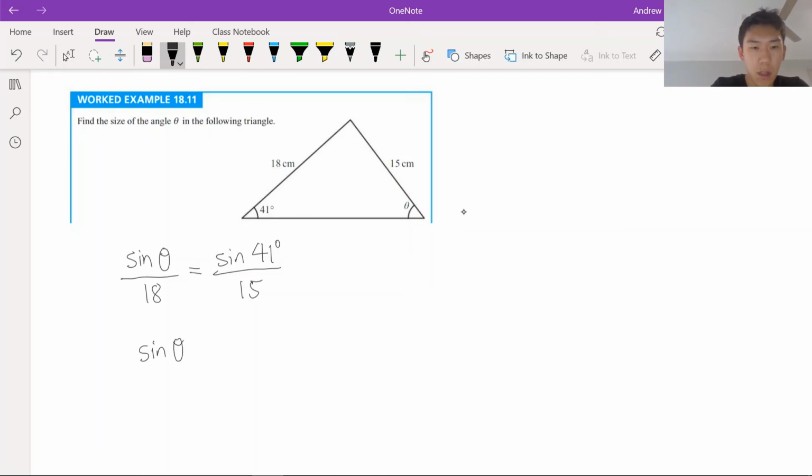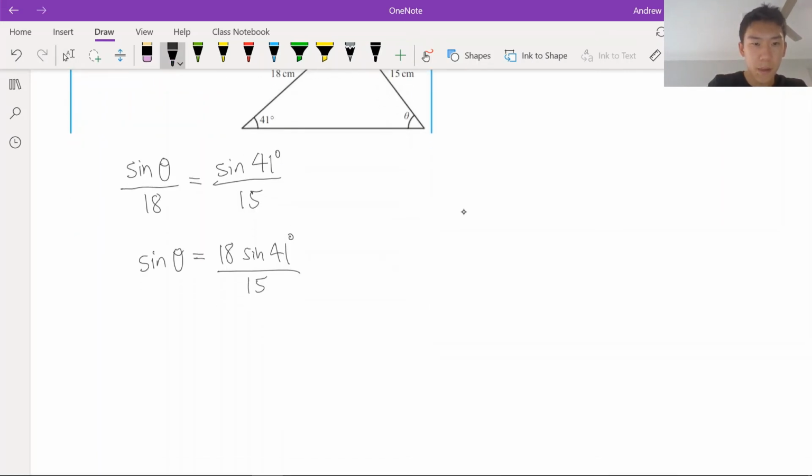So sine theta equals, let's just work this out. So it'll be 18 sine 41 over 15. All right, so theta approximately equals sine inverse or arcsine of 18 sine 41 over 15. So let's just find that first.